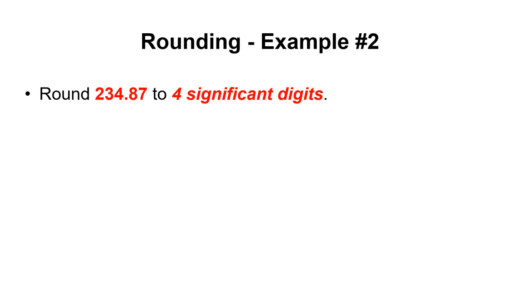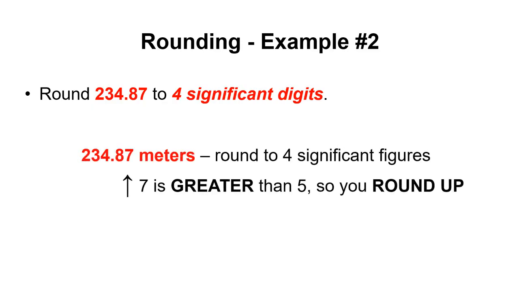Let's round 234.87 to 4 significant figures. What do you think the answer is going to be? You might have got it right because you realize that rounding to 4 significant figures, we look at the number 7, the rightmost number. 7 is greater than 5.